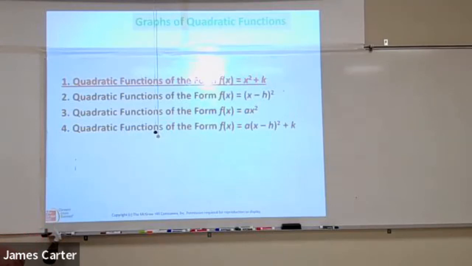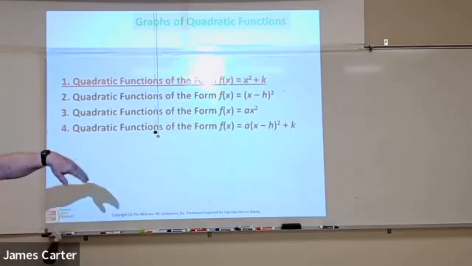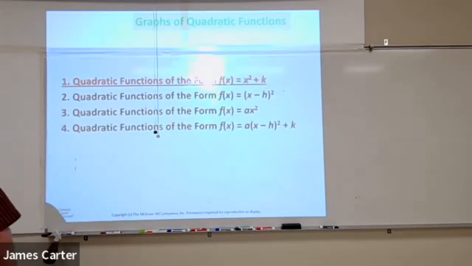Up here, this is just, if you got a square, you're missing the middle term. Up here, this is just another one of them. These are all different forms that you can have quadratic equations in, in addition to the standard ax squared plus bx plus c. These are just different ways that they can be shaped.